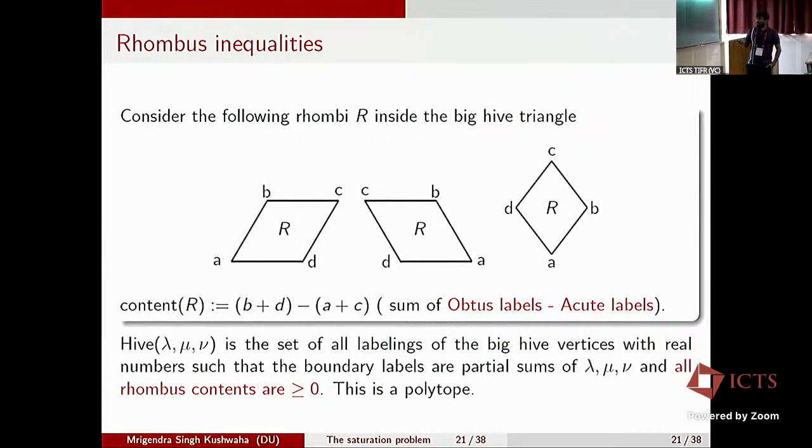So we have to fill in the integers such that the content of each rhombus is greater than or equal to 0. If I collect all these fillings, that is a polytope, which is called the Hive polytope and denoted by H(lambda, mu, nu, W).